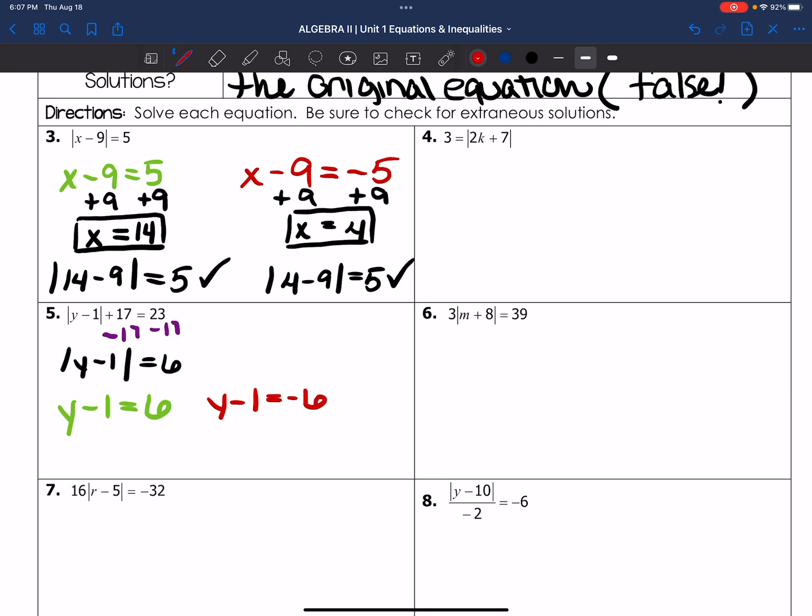All right, so let's finish off those equations. When I add 1 on each side here to solve this equation for y, my y equals 7. And for the other, if I add 1 on each side, my y equals a negative 5.